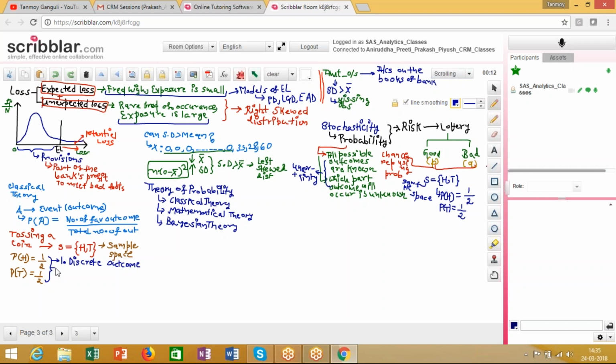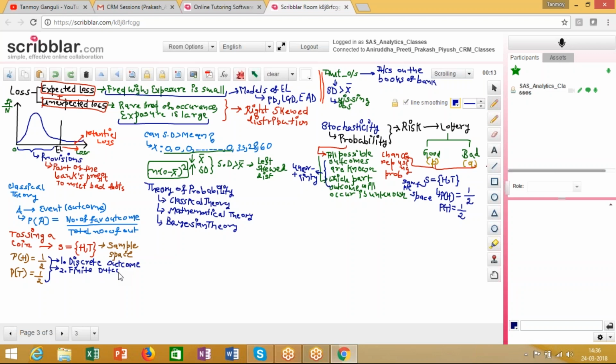Now the next part is that the outcomes are discrete, and the second important criterion is that the outcomes are finite in nature. So the next key assumption is that there are finite outcomes.